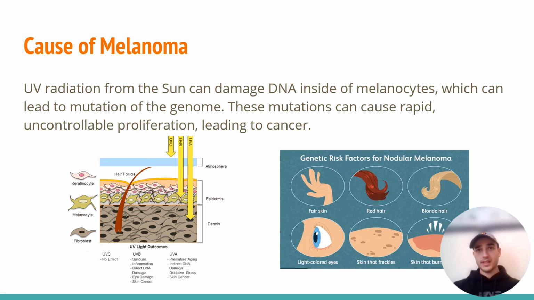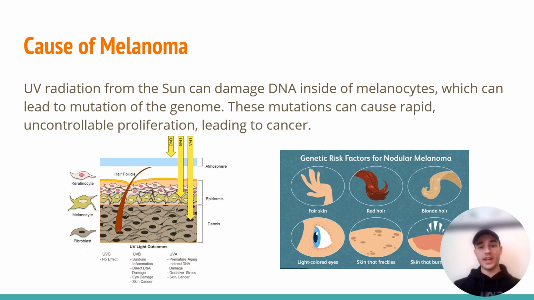When it penetrates, it can mutate the genome of cells. In melanoma, this mutation happens in melanocytes. 99% of the time, these mutations are fixed by cell repair machinery, but when it doesn't get fixed, that can cause rapid proliferation of cells, which leads to cancer.